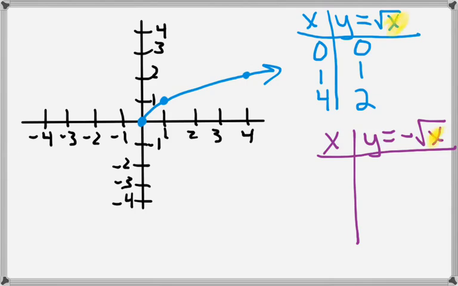It's still just an x. With any type of transformation of any function, if nothing changes inside with x, then you can keep the x column exactly the same as it was for the original, and then you just have to worry about changing the y's appropriately. So the x column is just going to be exactly the same as it was before. Nothing changed horizontally.